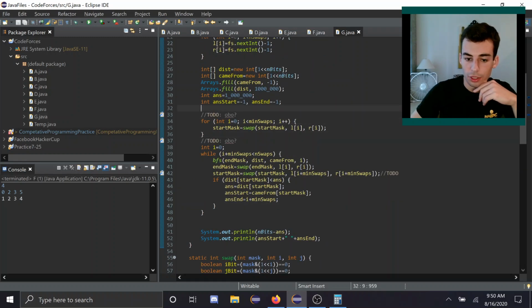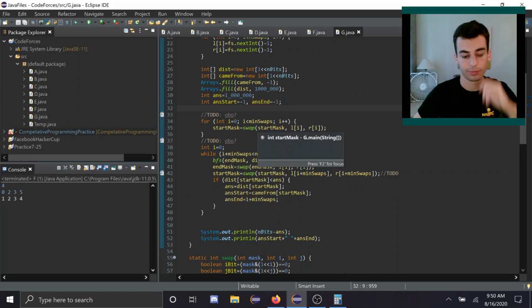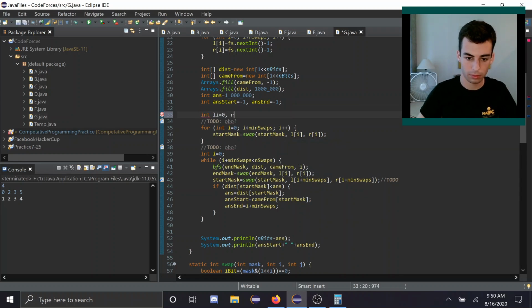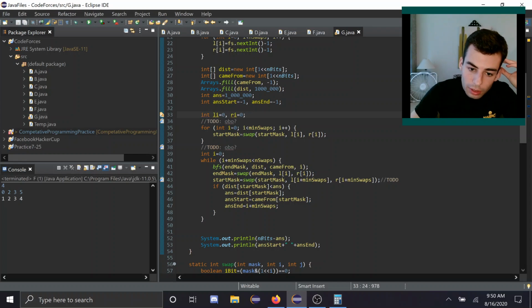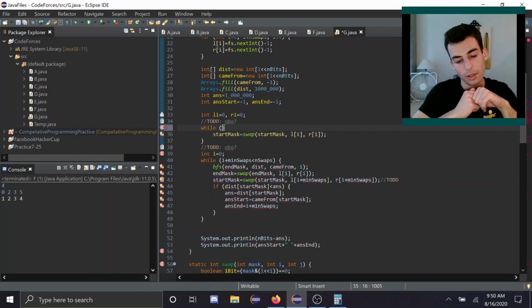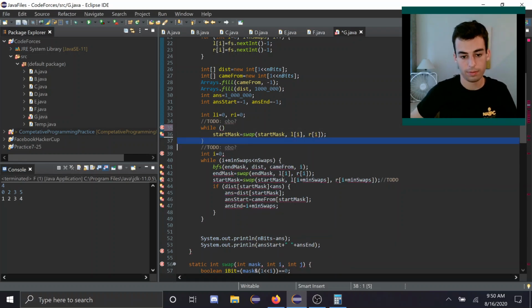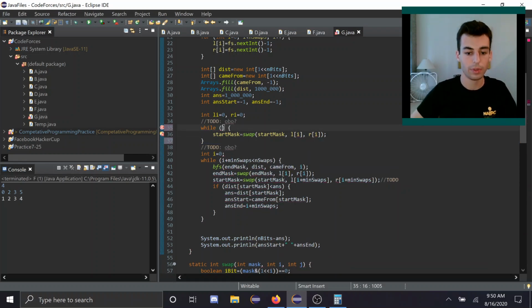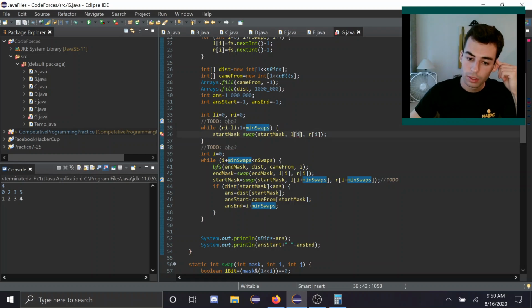All right, so we have a couple issues here. So this just needs to be a while loop. While Ri minus Li plus 1 is less than min swaps.